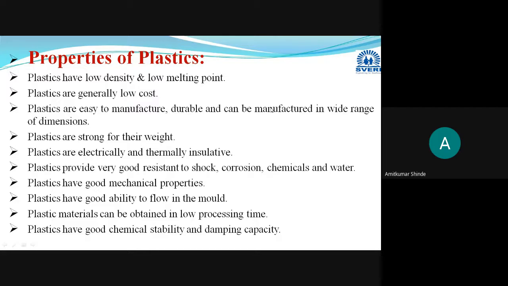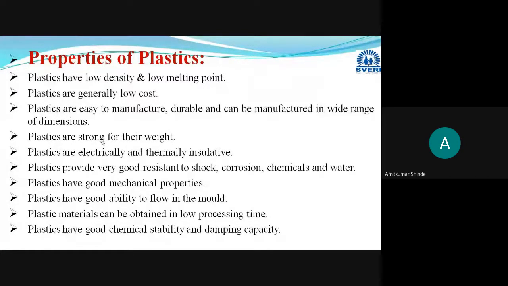The next property is that plastics, as compared to their weight, are strong, providing very good mechanical properties. With the minimum possible weight, they provide better strength or better mechanical properties.